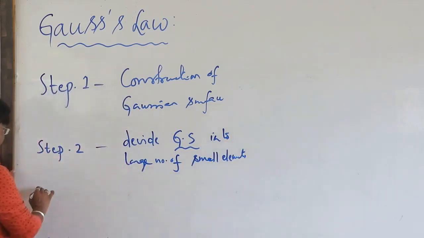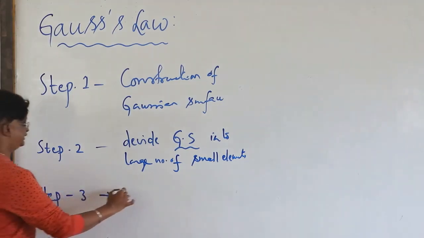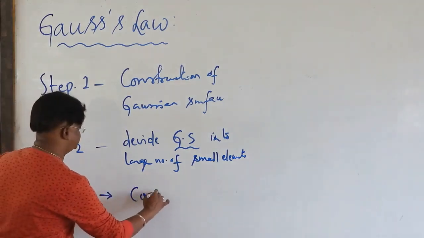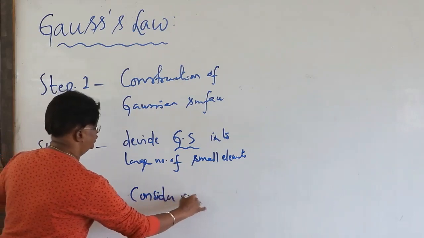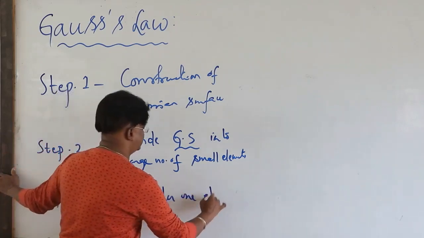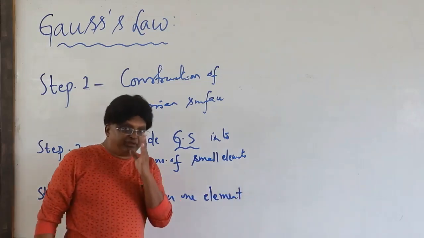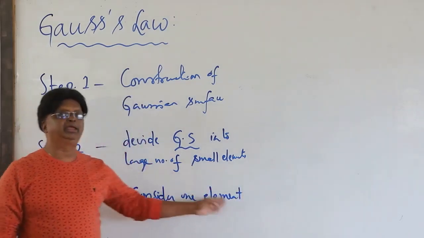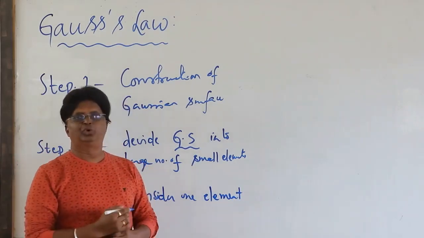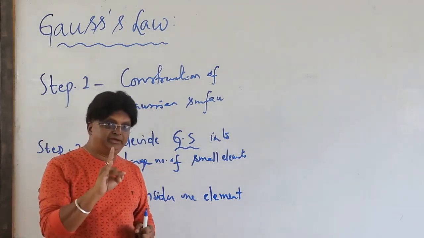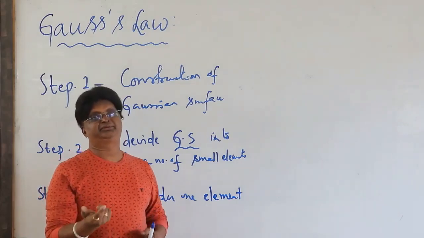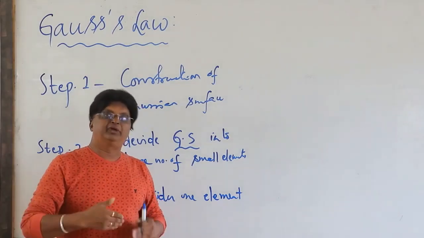Now step 3. Step 3 is consider one such element. Consider one element. When the question comes, consider one element, this is where I told you earlier there can be one type of element of surface or two types of elements of surface.